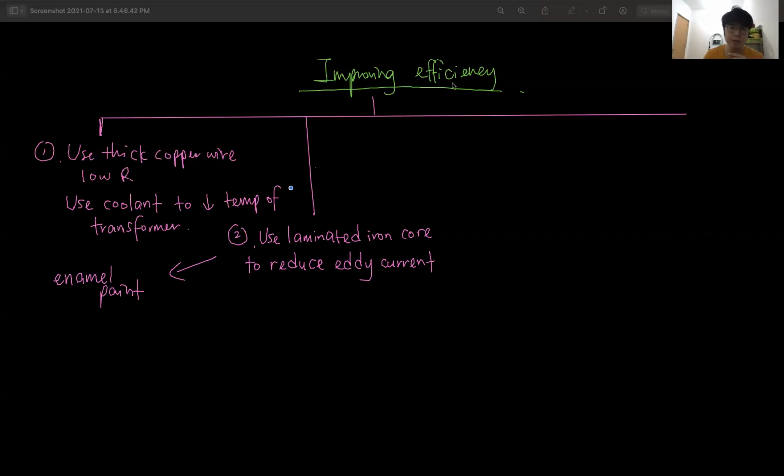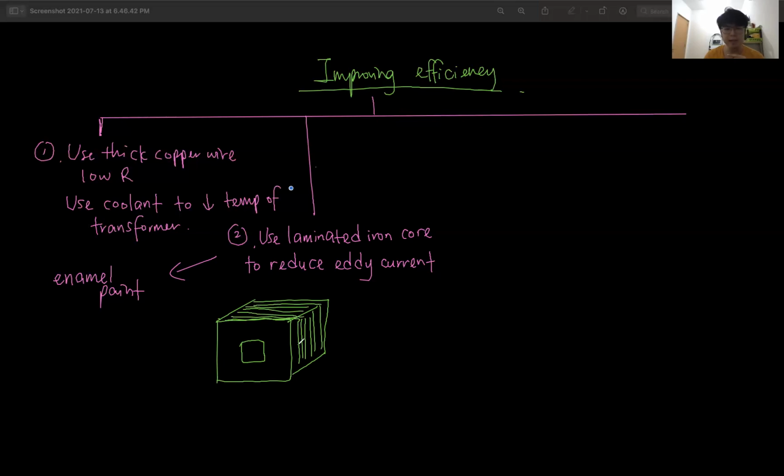So the transformer actually looks like this. This is the core. They are stacked, many layers like this: 1, 2, 3, 4, 5, 6.